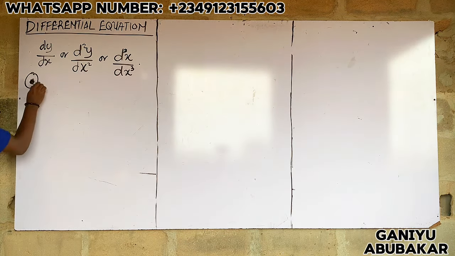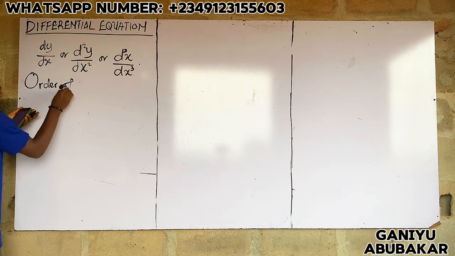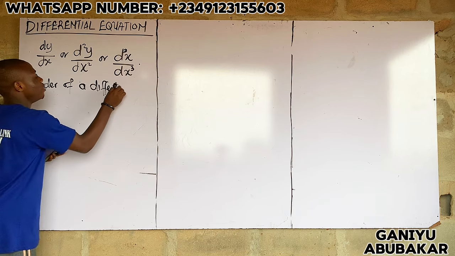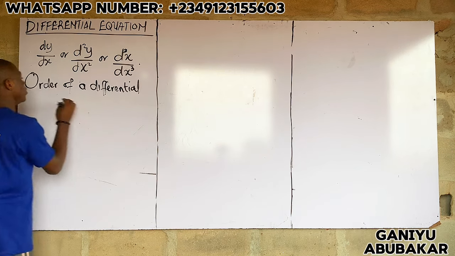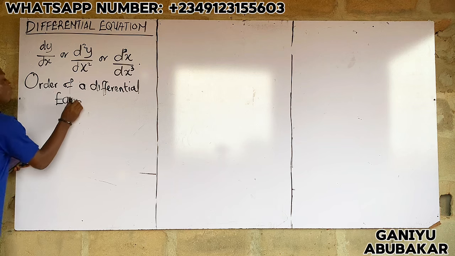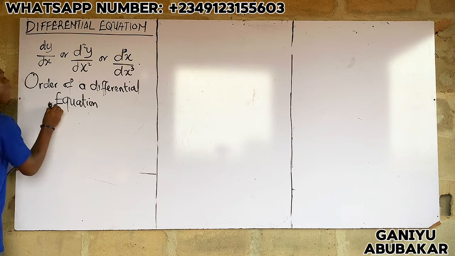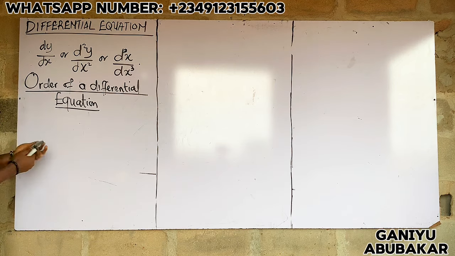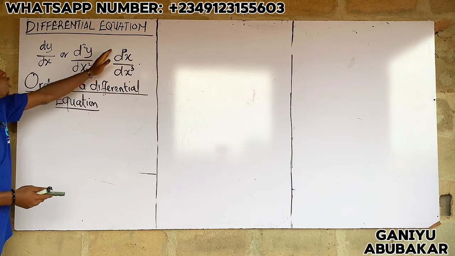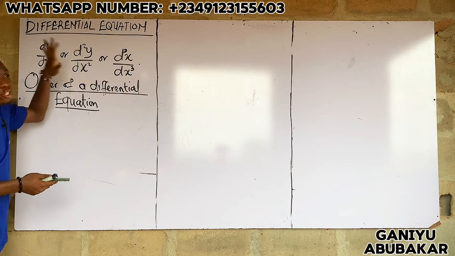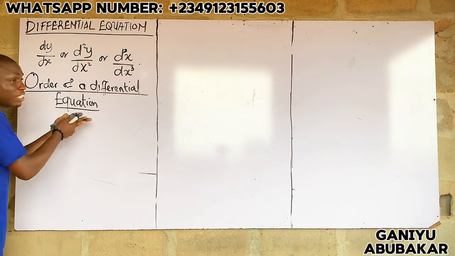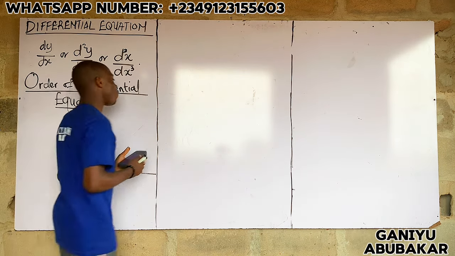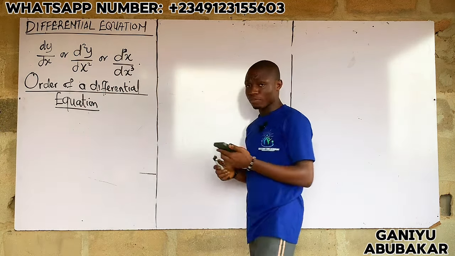So when an equation contains at least dy over dx or d squared y over dx squared or d cubed y over dx cubed, it's said to be a differential equation. Let's now look at the order of a differential equation.